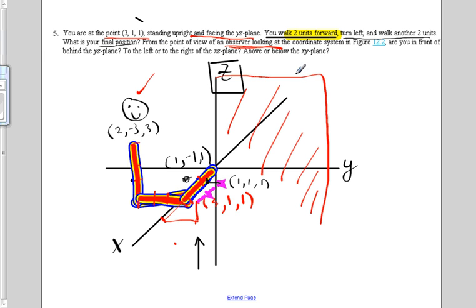From the point of view of the observer, looking at the coordinate system, so from the point of view of this observer here, are you in front of or behind the YZ plane? Well, the YZ plane is this vertical plane here. And the difference that we need to look at are my X values.